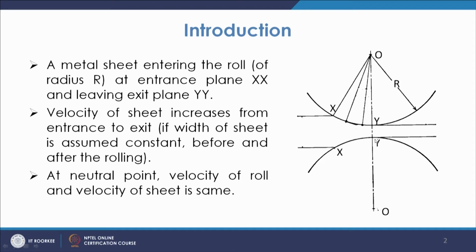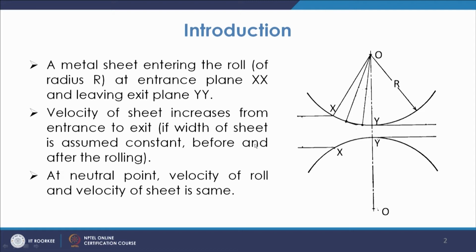That is how the rolling process is carried out, with the two rolls, the entry at the plane x x and the exit plane y y. At this plane the strip is just touching the rolls, and at this plane it is just leaving the rolls. That is how the rolling process is schematically presented.